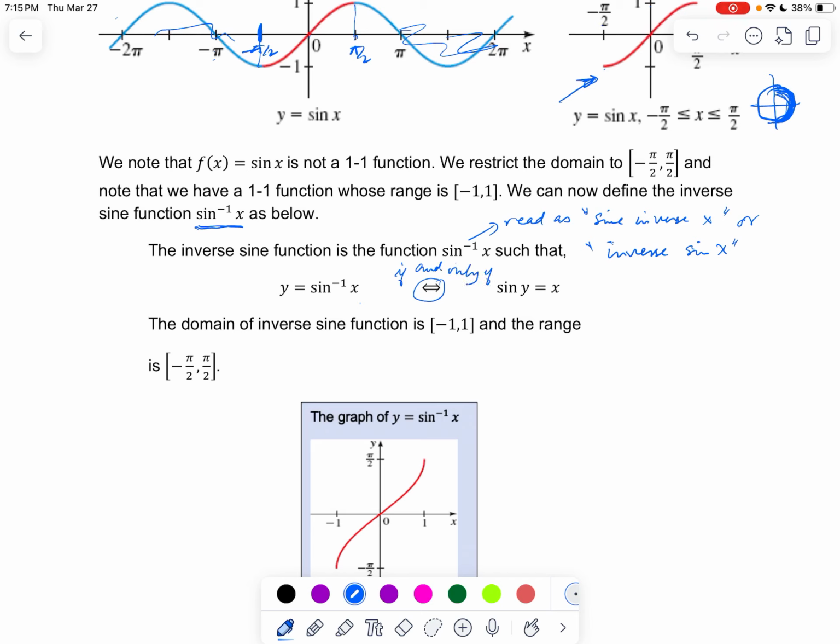What does that mean? It means if we have this equation, we can write that equation, and if we are over here, we can go to this side. It goes both ways.